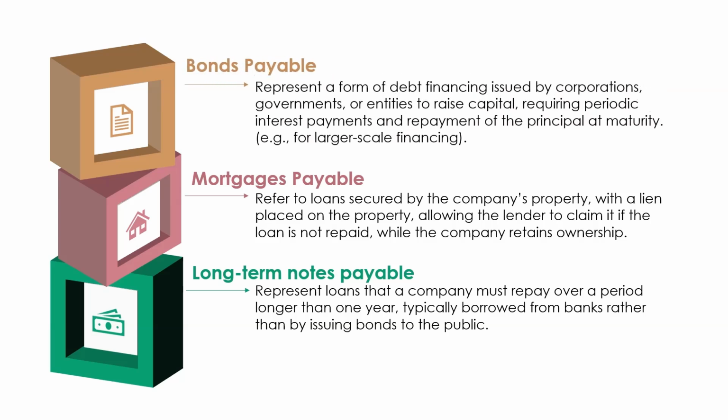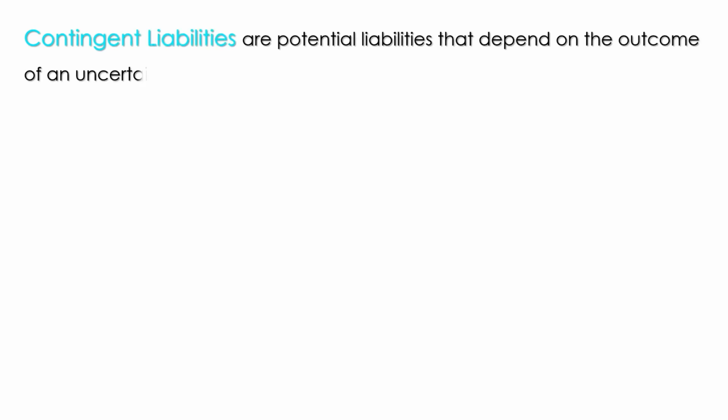Bonds payable are a form of debt financing that corporations, governments, and other entities use to raise capital. The issuer agrees to pay periodic interest during the borrowing term and repay the principal amount upon maturity. The third category of liabilities is contingent liabilities, which are potential obligations that arise from uncertain future events and depend on their outcomes.